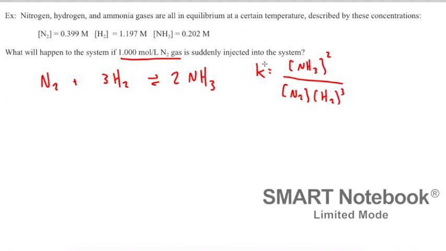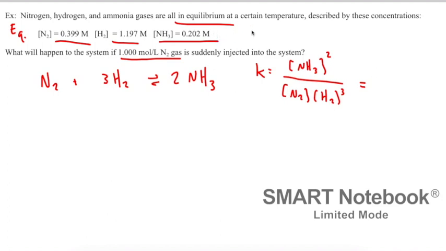Notice in this problem they don't give us the K value, but we can calculate it because these values are equilibrium values. Because initially the system is at equilibrium. So I'm anticipating that I'm probably going to need to know what the equilibrium constant K for this reaction is. So I'm going to go ahead and solve this. 0.202 squared divided by 0.399 times H2 cubed, 1.197 cubed.